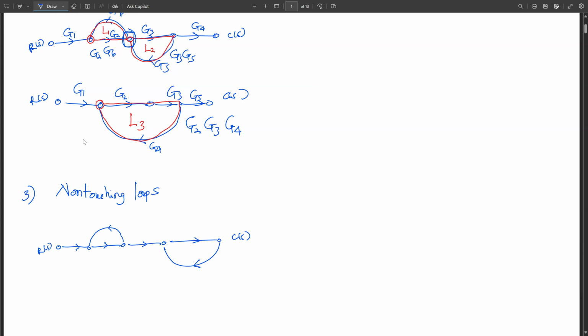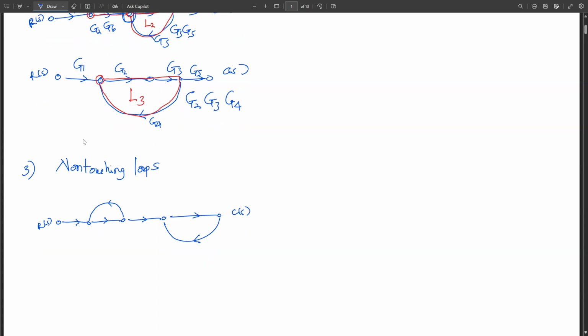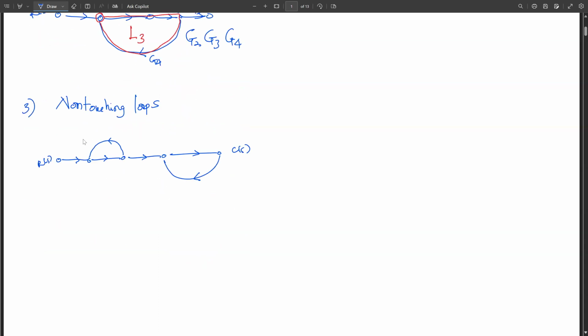Now, let's move on to the fact that we can have non-touching loops taken two at a time. I can't actually illustrate this right here, but the more we solve examples, the more you'll find that we have non-touching loops taken two at a time. So let me try to illustrate this for a while.